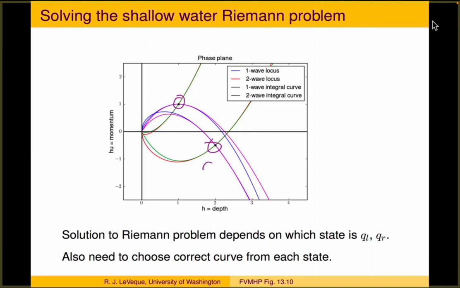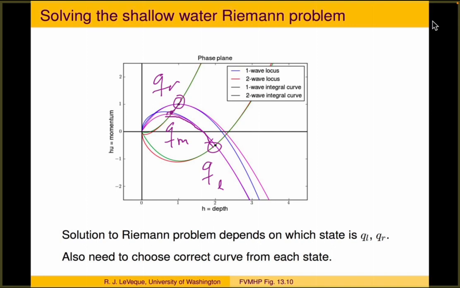So if this, for example, were q left and this were q right, then we would want to go along one of these two curves to some middle point here, and then along this curve here. So our q middle would be somewhere here, but there's still four possible intersection points depending on which one of the curves we follow.